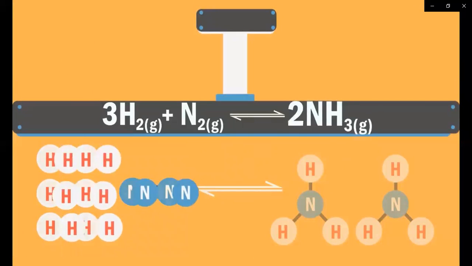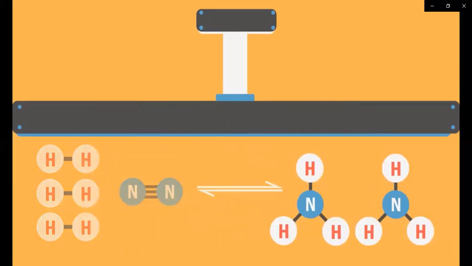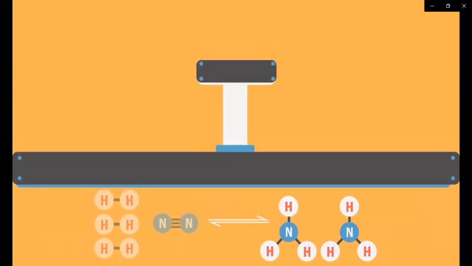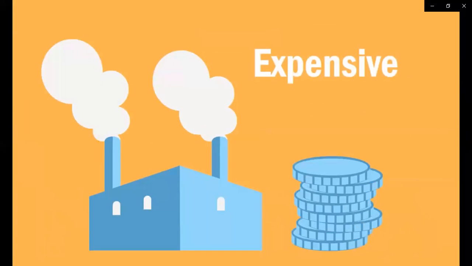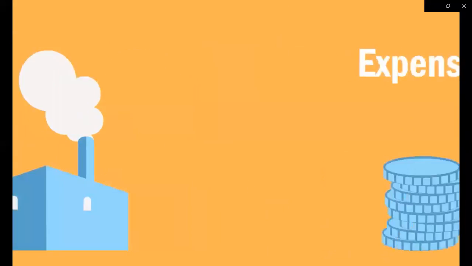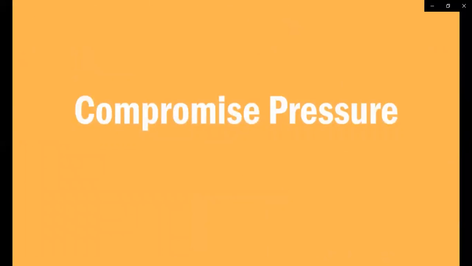For our case, the production of ammonia. It would make sense to conduct the reaction at a very high pressure, but we must also remember that it is expensive to build and operate a plant that can withstand such high pressures. Therefore, a compromise pressure of 200 atmospheres is used.